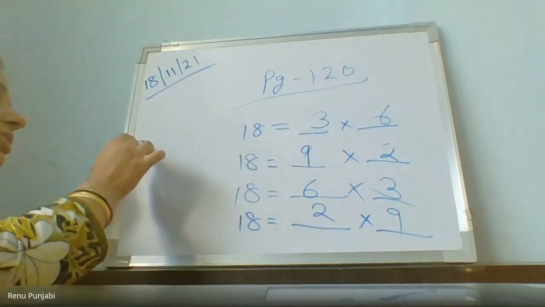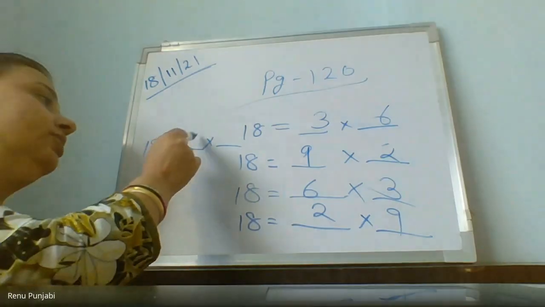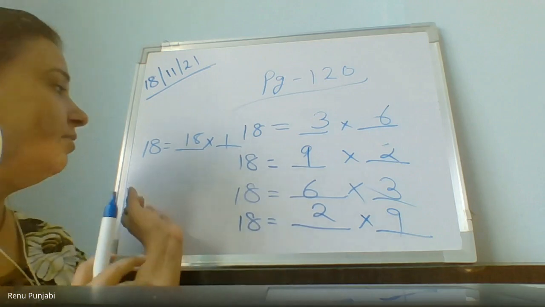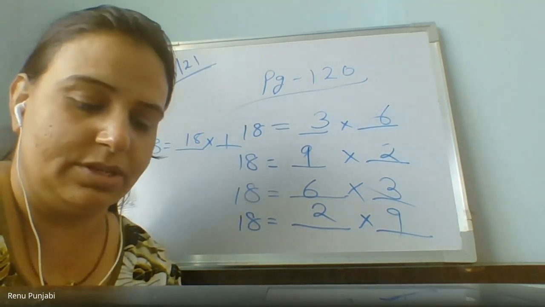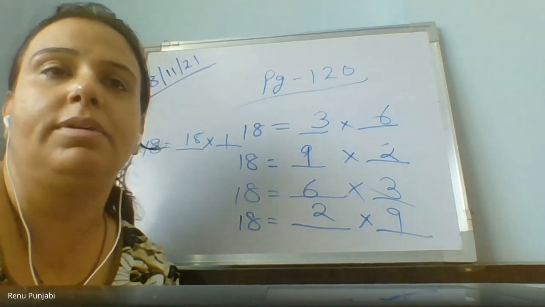Yes, Moksh: 18 ones are 18. One more is 1 eighteens. These are the many ways you can multiply two numbers and get the same product.